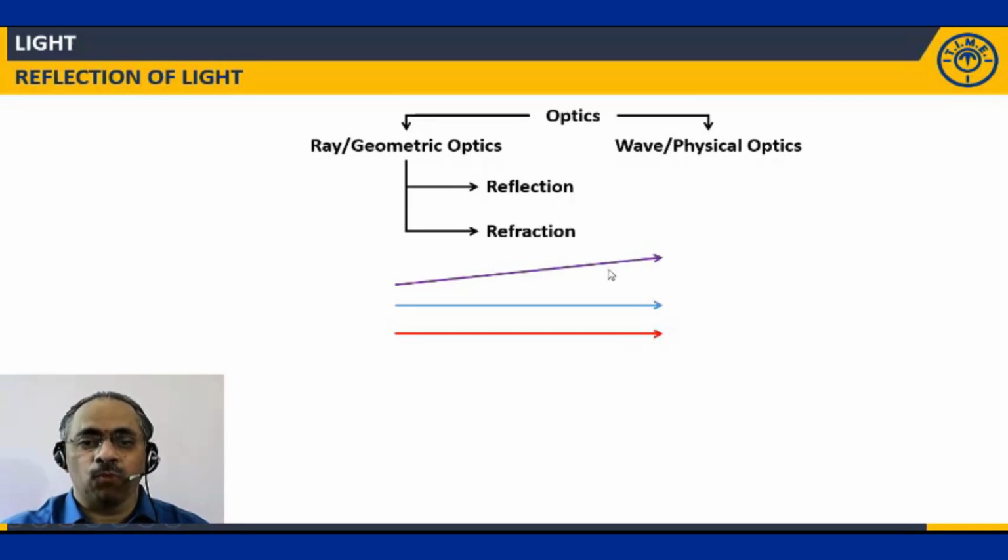As you consider this violet or purple one and the blue one, as they progress forward, the distance between them increases. They are coming from a single point and traveling in all possible directions. Such a beam in which the distance between the rays increases as they progress forward is called a divergent beam.